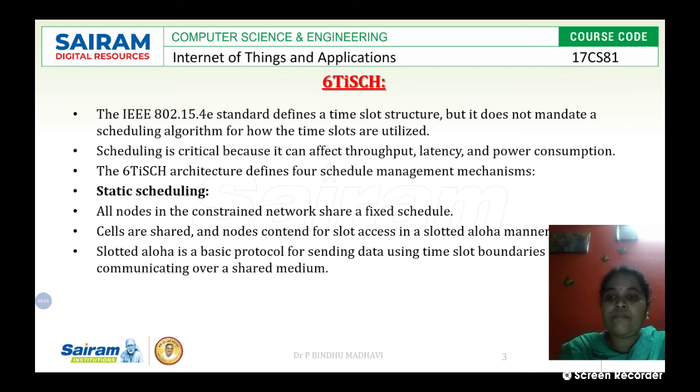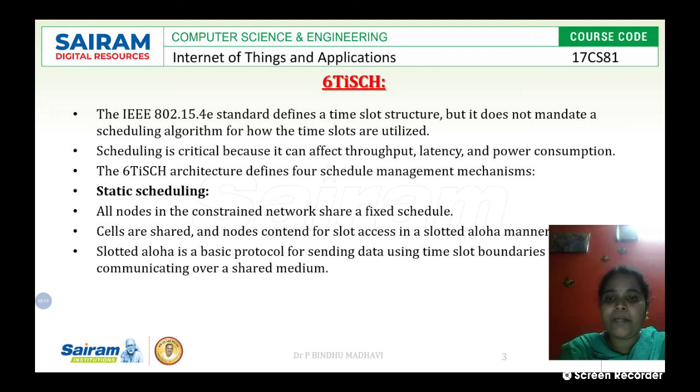So we need not go for utilizing the scheduling algorithm for how the time slots will be fixed. Just a standard time slot will be defined, and based on that the nodes will communicate among themselves. Right. So let us see the first one, static scheduling.